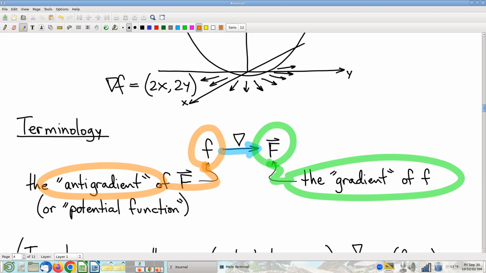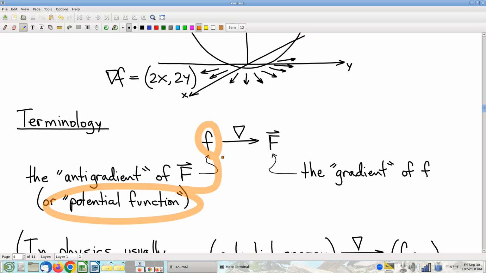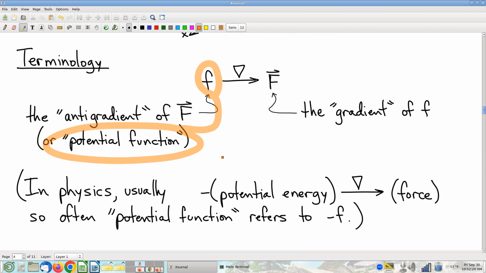So now with that pitch made, right? Hopefully I've biased you in the direction I like. I have to tell you that you're going to hear other language used to describe the antigradient. So it's very commonly called the potential function. Now, the reason that it's called the potential function is because there is a relationship between potential energy and the vector field, for example, that might represent a force.